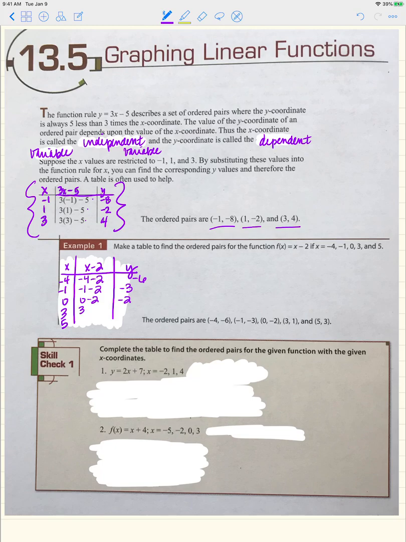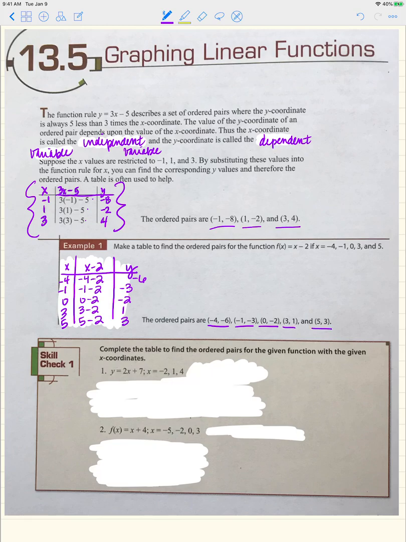X minus 2, plug in 3 for x. 3 minus 2 is 1. And then x is 5. 5 minus 2 is 3. Then we get our ordered pairs, -4, -6, -1, -3, 0, -2, 3, 1, and 5, 3.